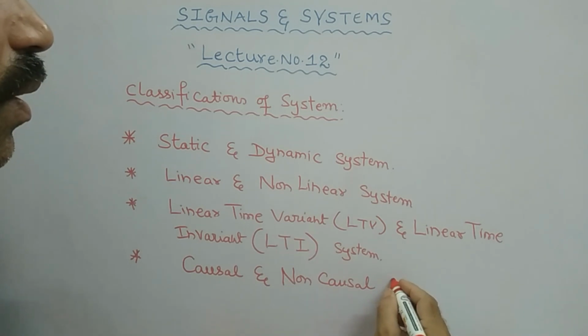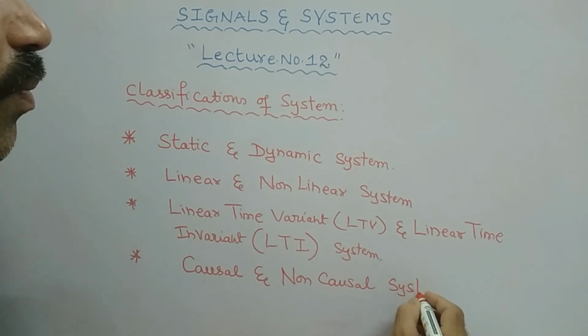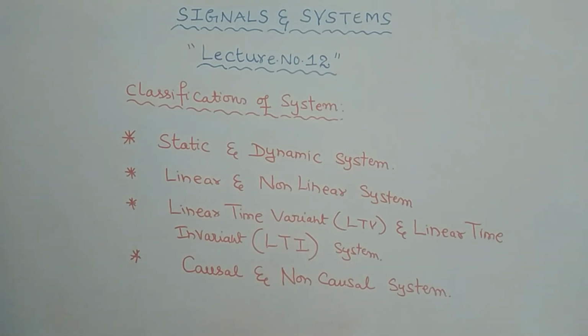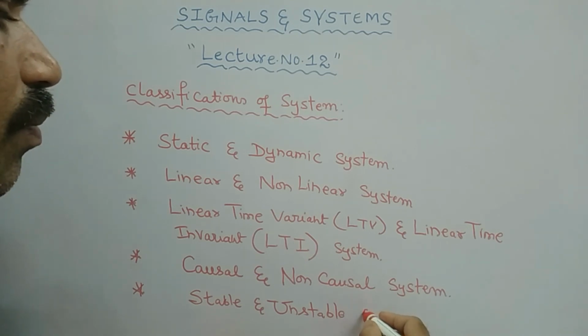Causal versus non-causal system, right? And then stable and then unstable. The final one, almost all is stable and then unstable or non-stable, you can say. Unstable system.